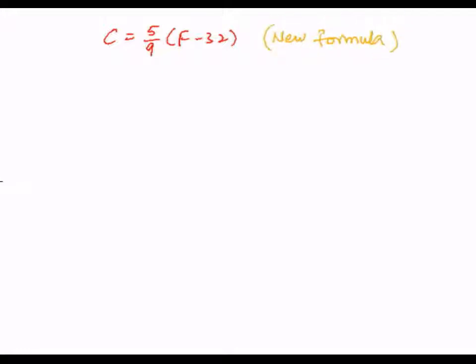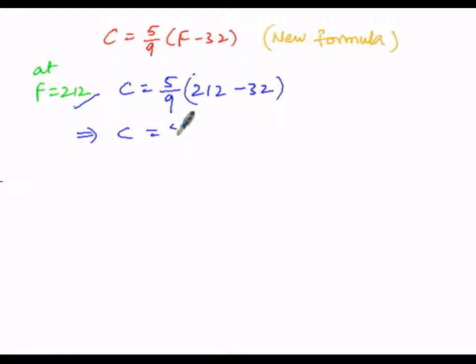But at F is equals to 212, we have to find out the value of C. So C is equals to 5 by 9 into F value of 212 minus 32. Then C is equals to 5 by 9 by subtracting 212 and 32. 32 is of negative sign and 212 is of positive sign, plus into minus is minus, we have to subtract 32 from 212 because greater minus least.